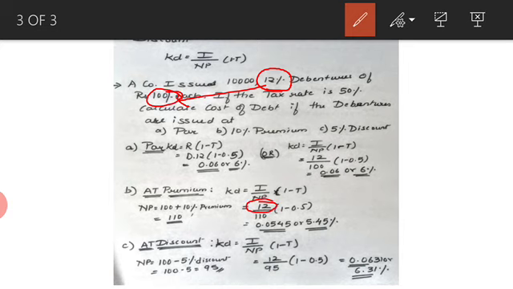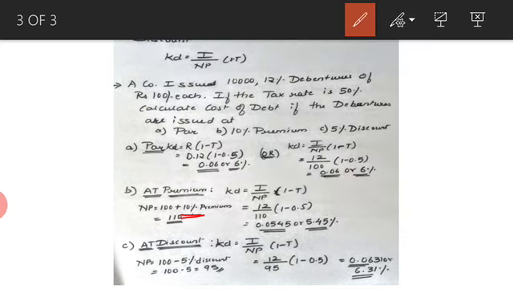Okay, then the net proceedings, very important calculation. Now net proceedings will not be 100 rupees, because we are not issuing it at par, we are issuing it at 10% premium. 10% premium means we are charging 10% extra. So when we say 10% premium, what is 10% of 100?